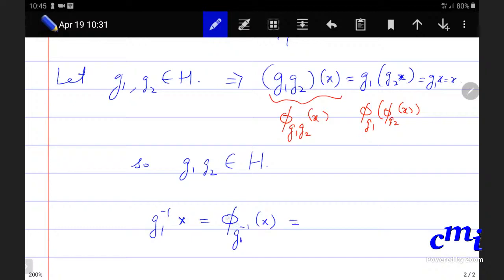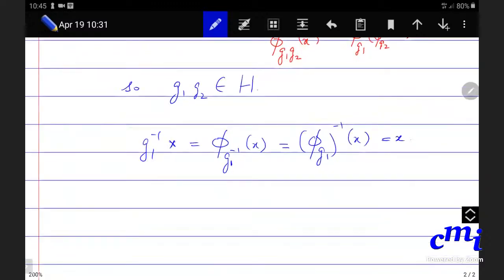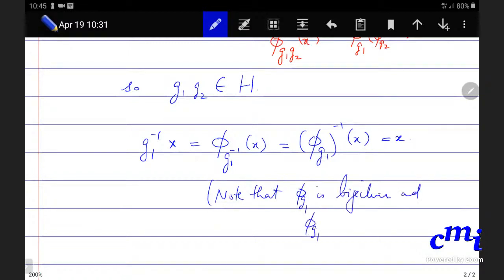We saw that phi of g inverse is the inverse function of phi of g, and phi g1 is a bijective function. It takes x to x, so its inverse will also take x to x. Phi g1 is bijective and phi g1 of x is x, so phi g1 inverse of x is also x.